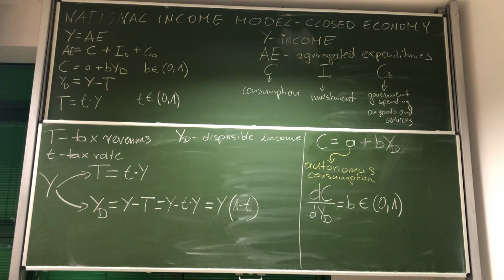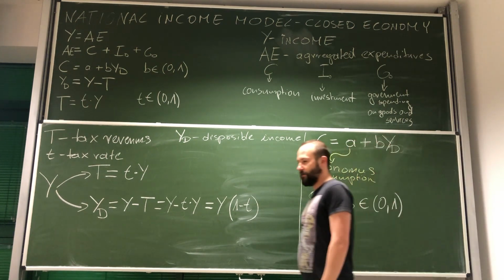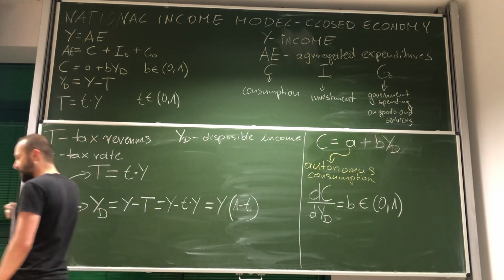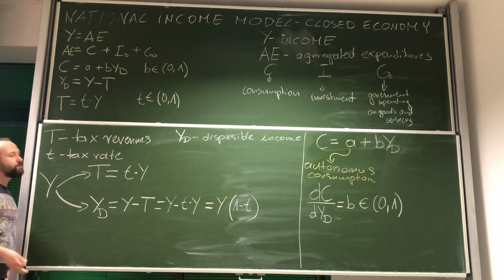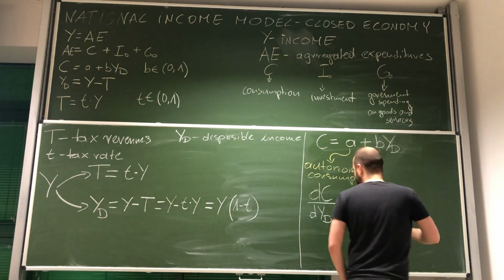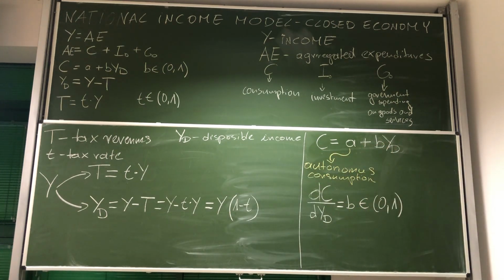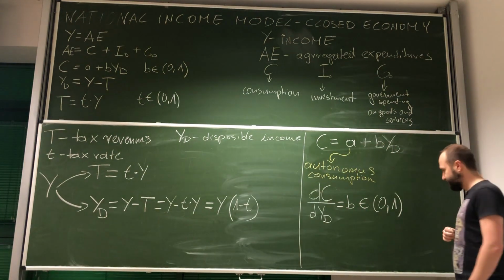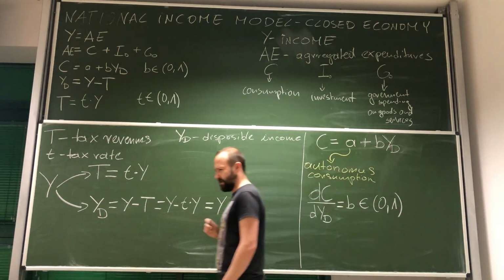So what is this derivative telling me? If the disposable income increases by some small amount, consumption increases by B. This is the mathematical interpretation.